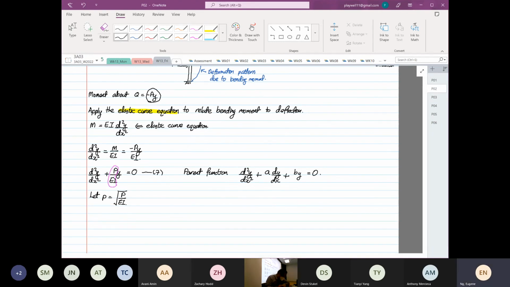So therefore, equation 7 will become d squared y over dx squared plus p squared, small p, y is equal to 0. Okay.